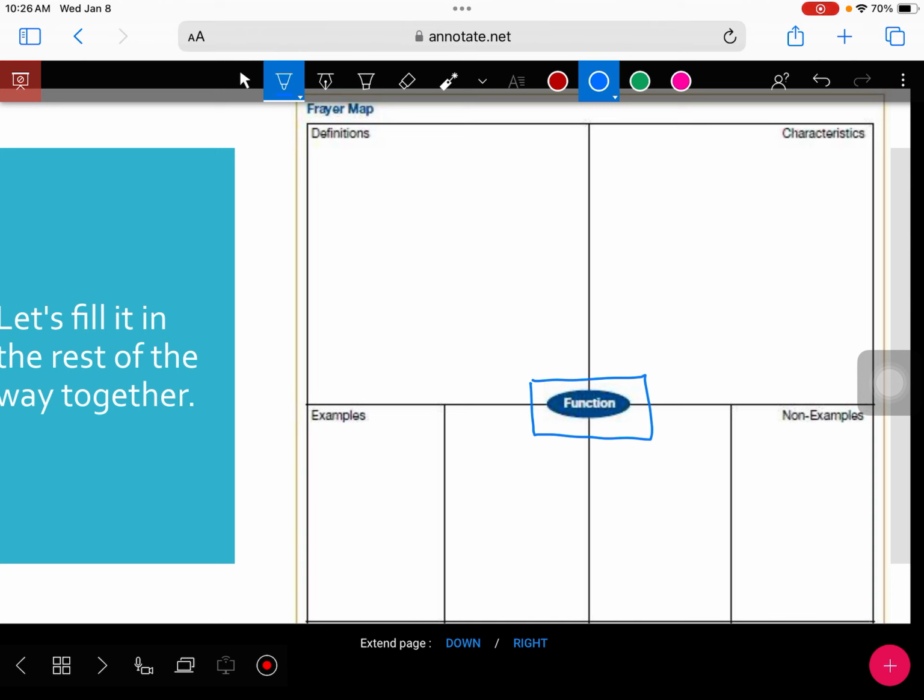Okay? So this Frayer map or model is just a way to organize the data or information about function. Okay? And I do want you to Google it first. Google it. Think back. What is a function? What's not a function?